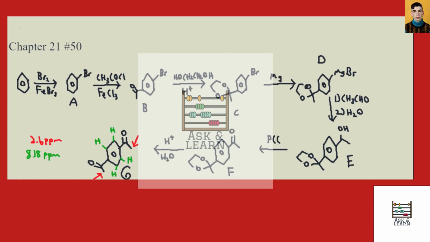And 8.18 is indeed a reasonable shift for aromatic protons in this system. And so the spectral information that we have does make sense with the product that we determined from following the reaction sequence. And so that's probably the best way to handle that information here, is just to use it as a confirmatory piece of evidence.